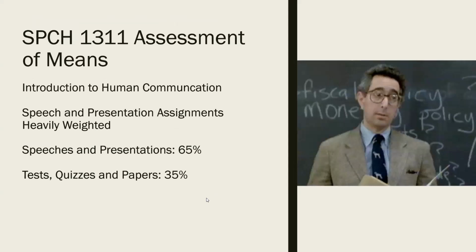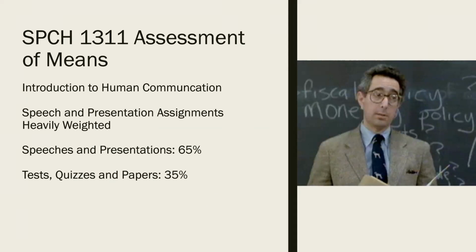And so in an introduction to communication, intro to human communication, I realized that I had speech-heavy presentation assignments and they were heavily weighted. My speeches and presentations constituted 65% of the grade in the class. Now, it was surprising to me because I didn't realize that I was weighted as much as I was, though I knew what my weights were.